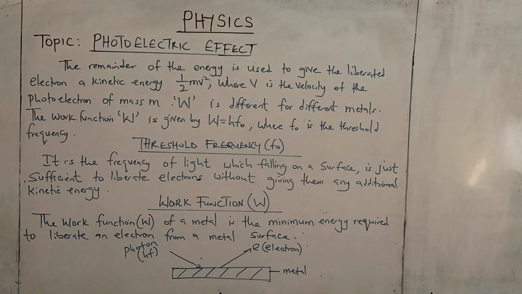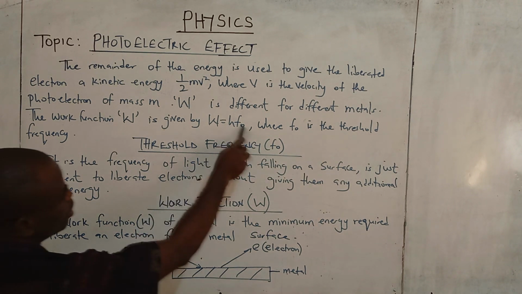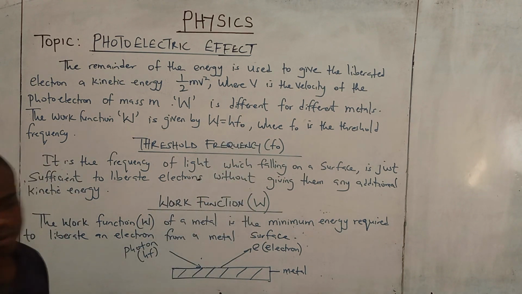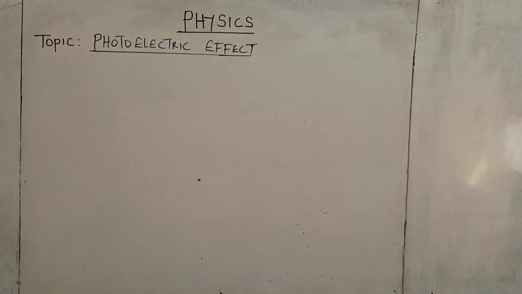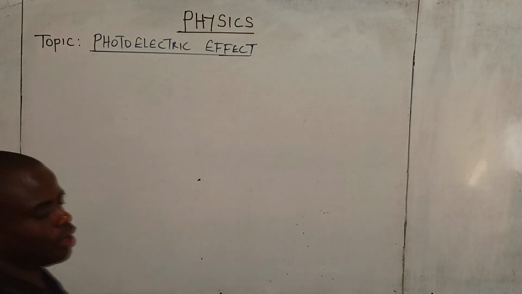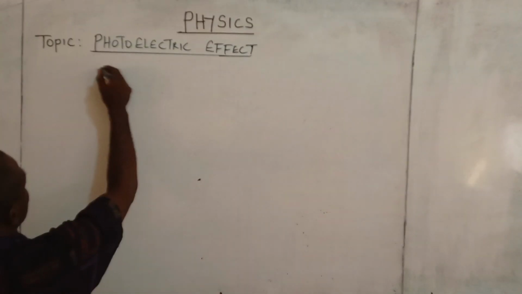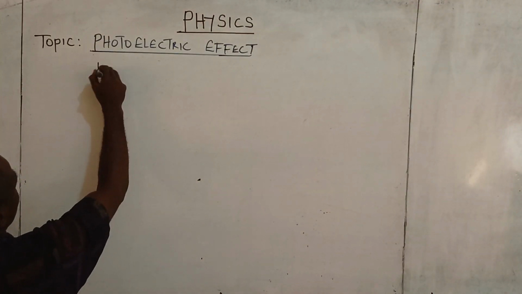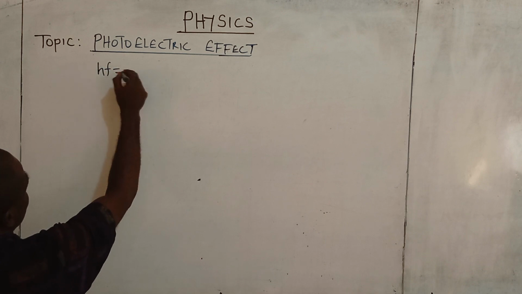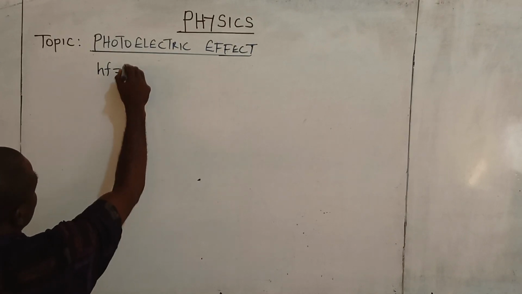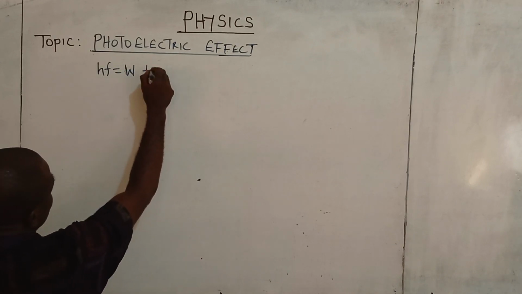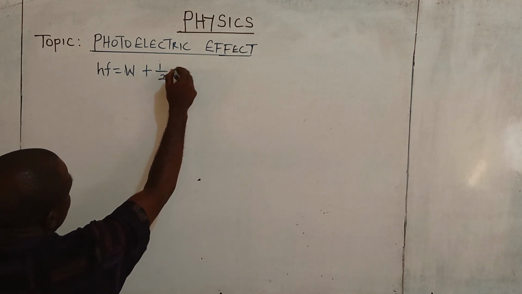Okay, the next one, we now move into how the relationship is combined together. Based on Einstein's photoelectric equation, we have hf equals work function plus half mv squared.